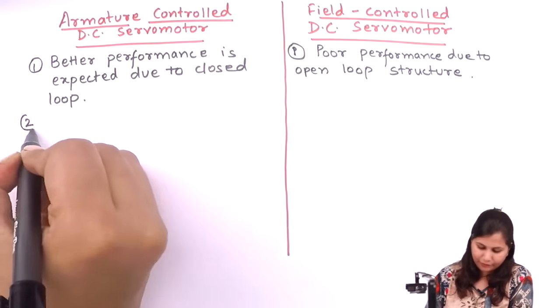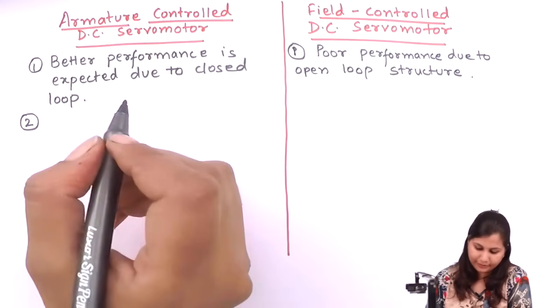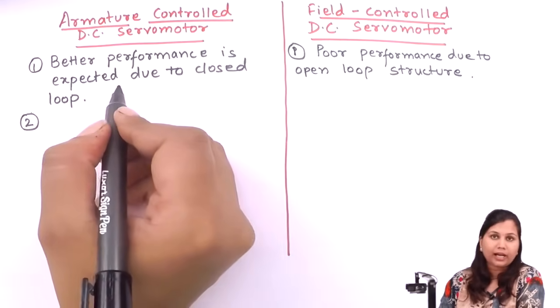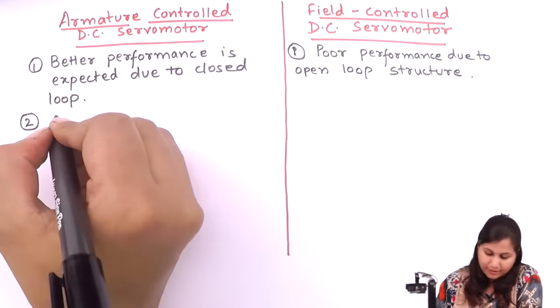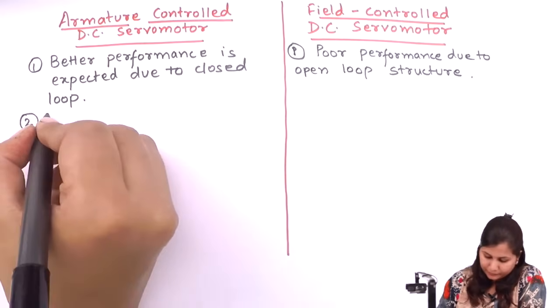Now the second difference between the two is that the inductance of the armature circuit is small or negligible.